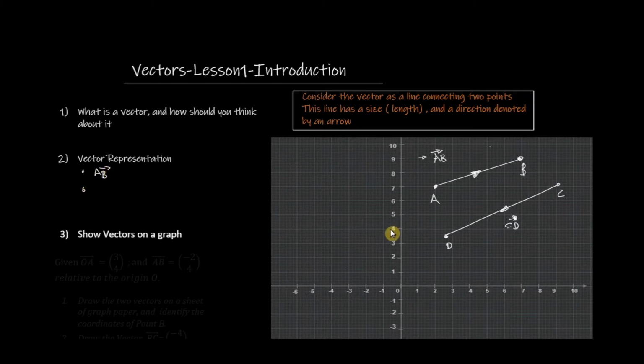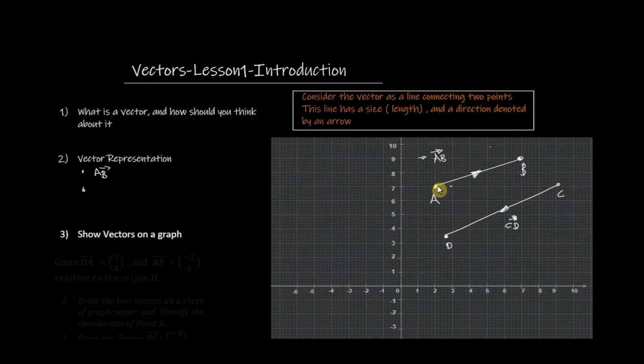There is another form of representation that I would like to show you here, and that is the vector can be viewed as having 2 components. The first component is what we call the x component, and that is just the number of units in the x direction.